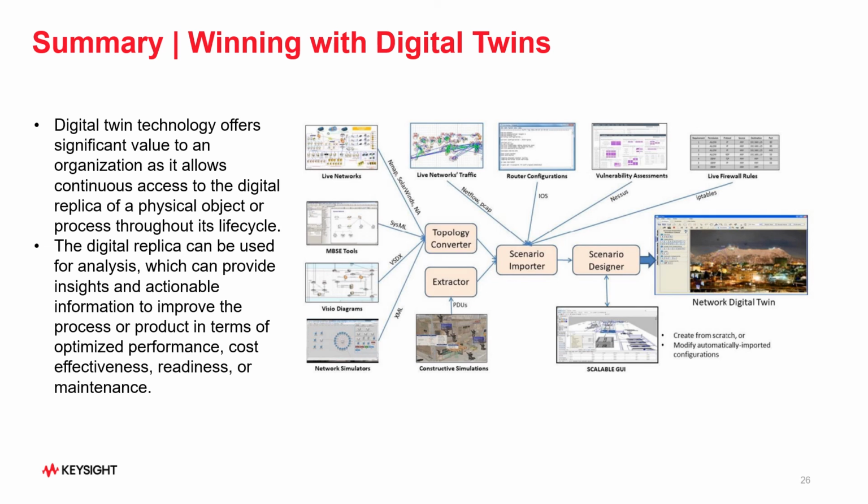See, the digital replica can then be used for analysis, which can provide insights into actionable information to improve the overall process or product in terms of optimized performance, cost effectiveness, readiness, and maintenance. So, in summary, the capabilities of digital twinning provide a cost effective way to perform analysis, testing, and optimization.